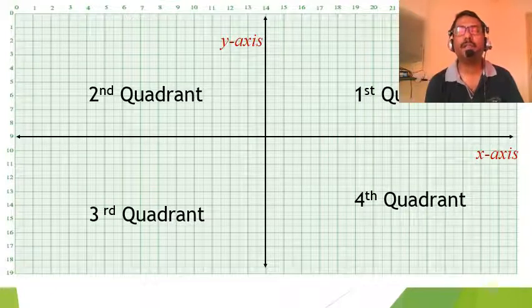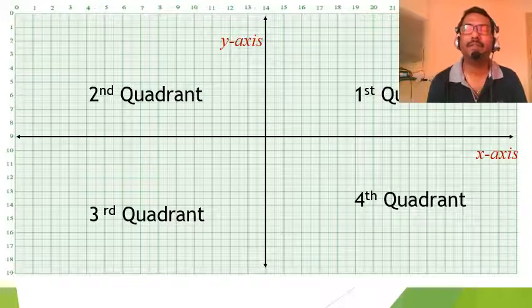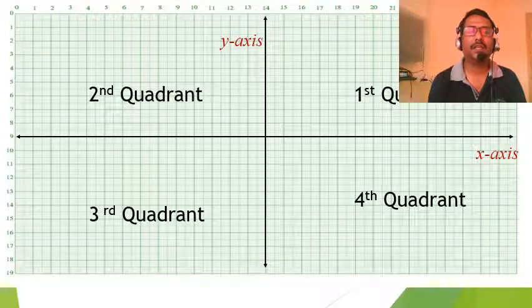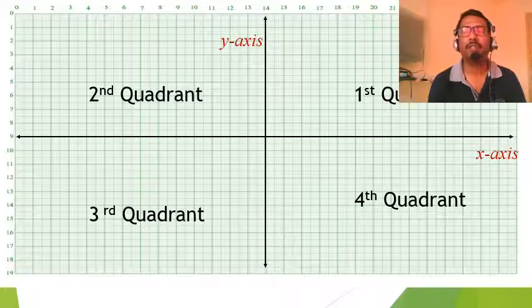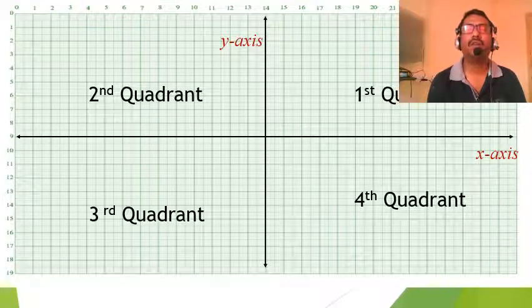Any point in this plane will be located in the first quadrant, or the second quadrant, or the third quadrant, or the fourth quadrant, or on the x-axis or on the y-axis.